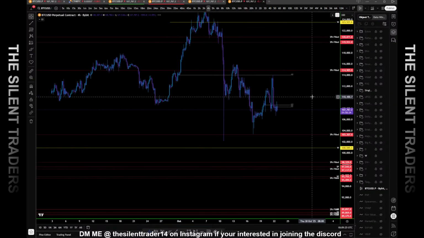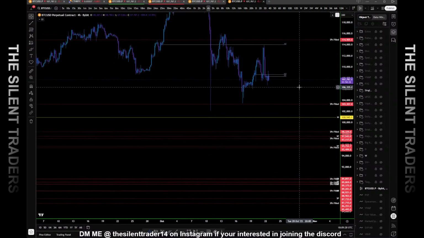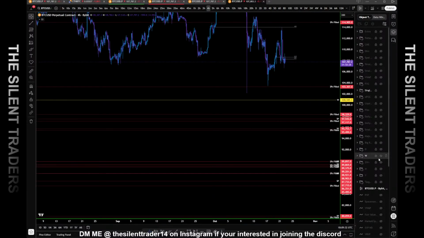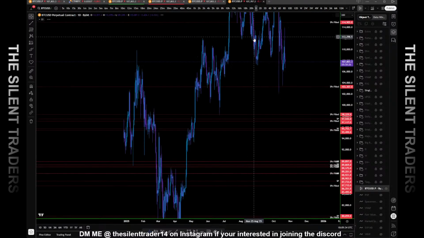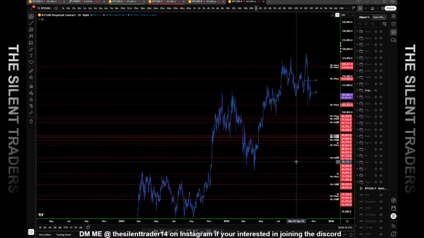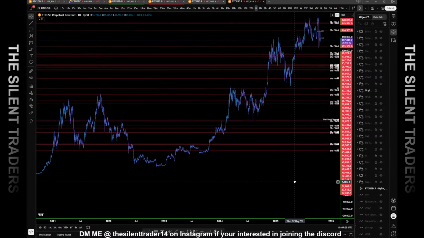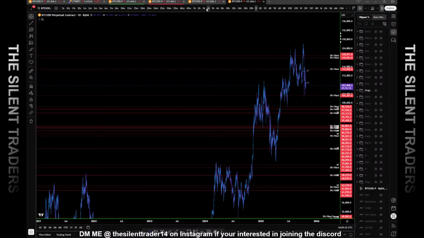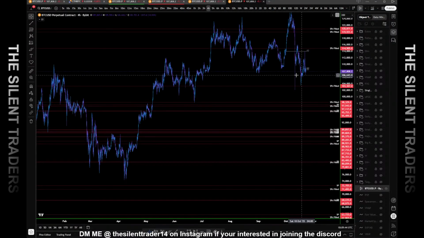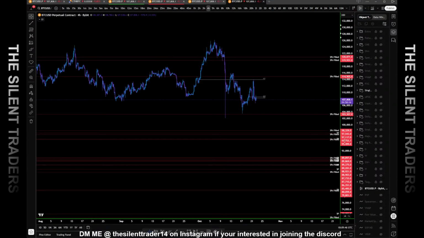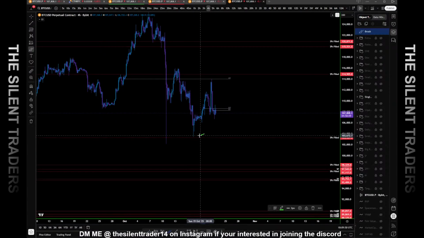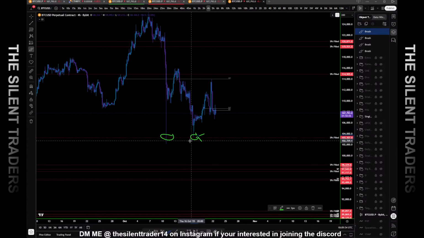And then we'll do single prints. So I don't want to zoom too far out because you'll see how crazy it is. I've marked out like all single prints since I've been charting this, so you can see they go all the way down to like 27,000. So let's just look at the closest single prints that will be filled. This one has already been tapped into, but I just left it there letting me know that's why we did get a nice bounce there.